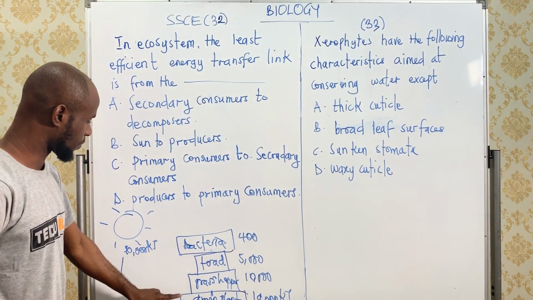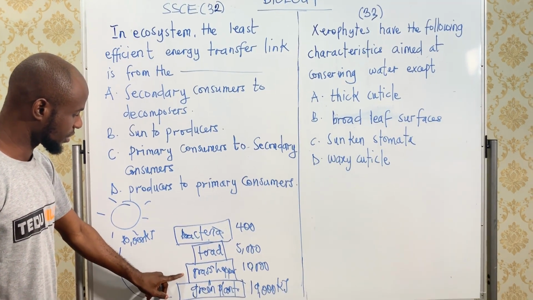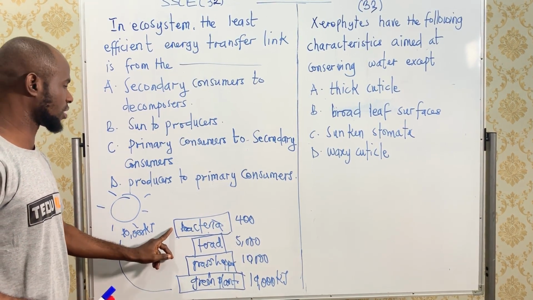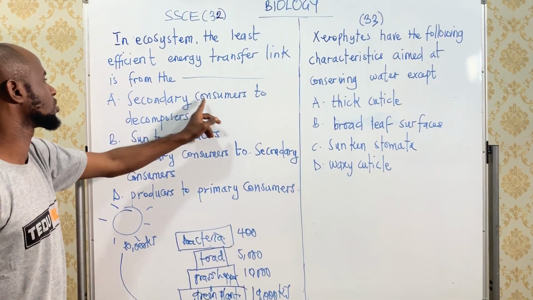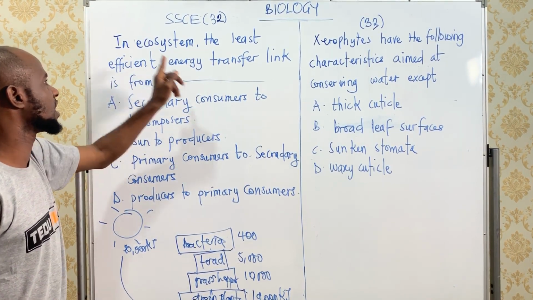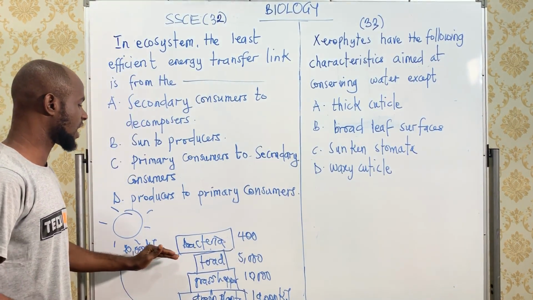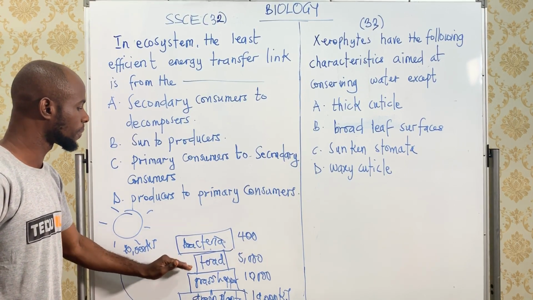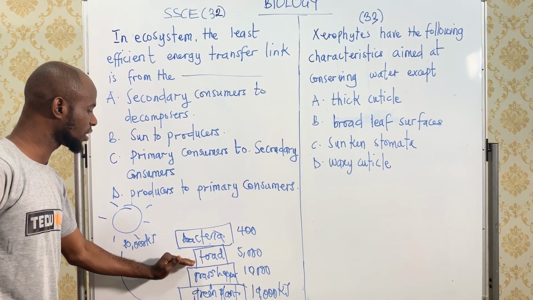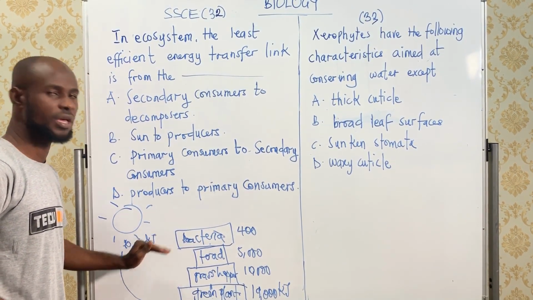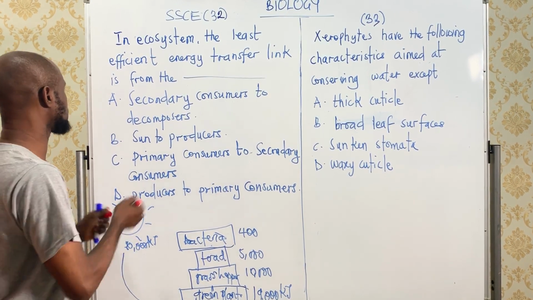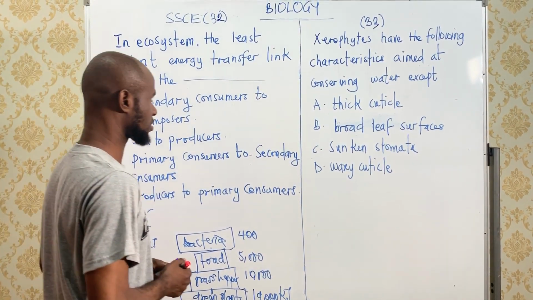The energy has been reduced totally from 20,000 to 400 between the secondary consumer and the bacteria, which is the decomposer. So the answer is the secondary consumers to decomposers.